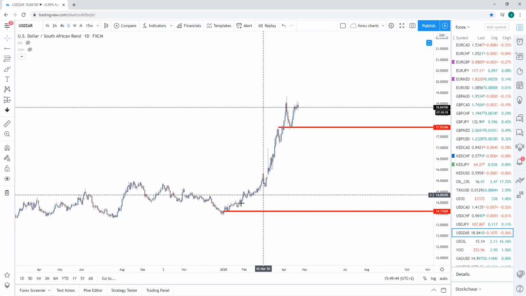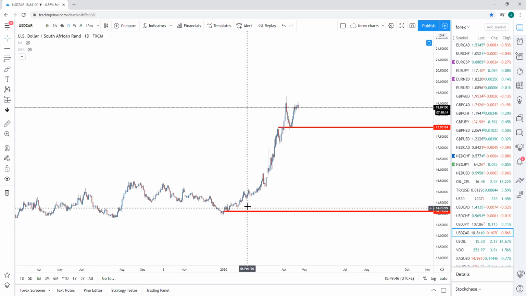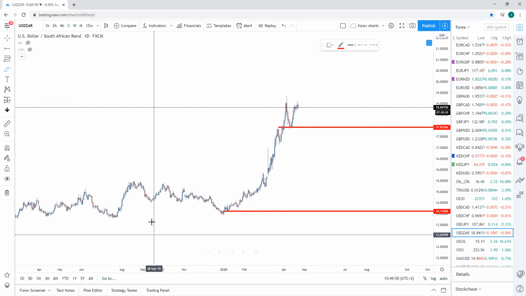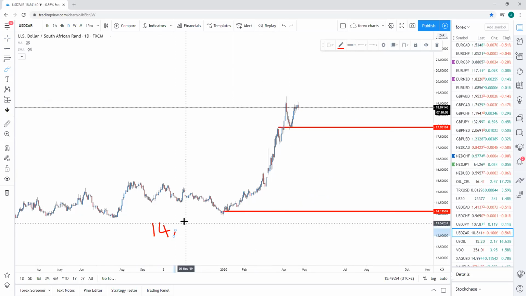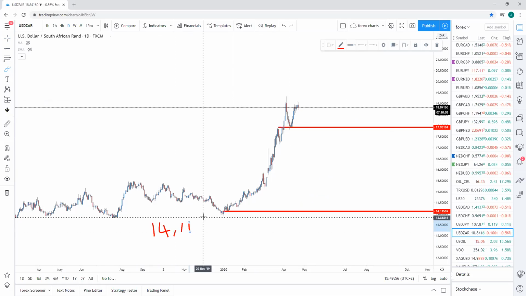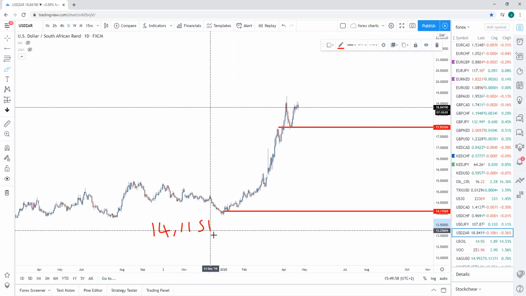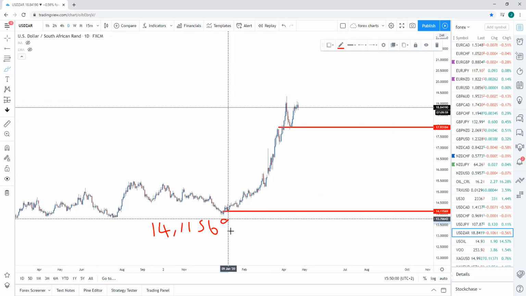Now, how are we going to calculate the movement from there to there? Let's take the first red numbers. The first red numbers here say 14. At this time, $1 cost 14 rand and 11 cents, 5, 6, 9.